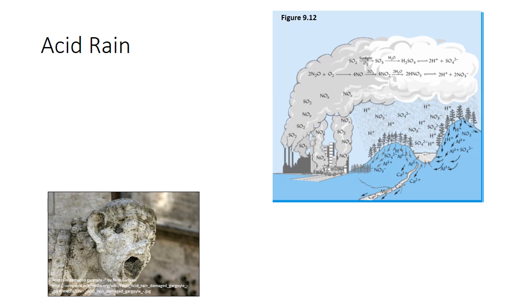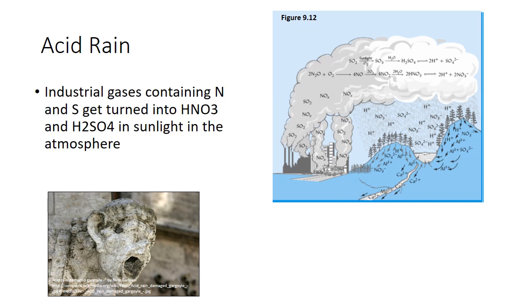Soils can also be acidified through acid rain. Acid rain is caused by industrial gases that contain nitrogen and sulfur that, when they're released to the atmosphere, eventually turn into nitric acid and sulfuric acid. The reactions that cause that are shown in this figure on the right.